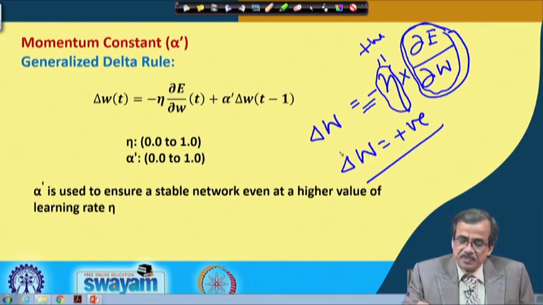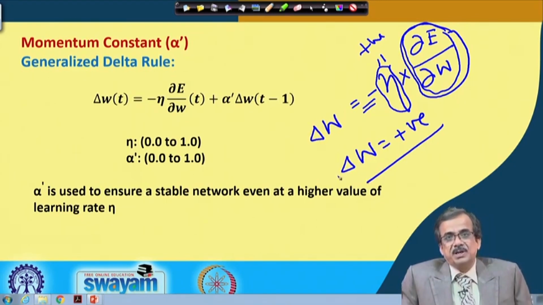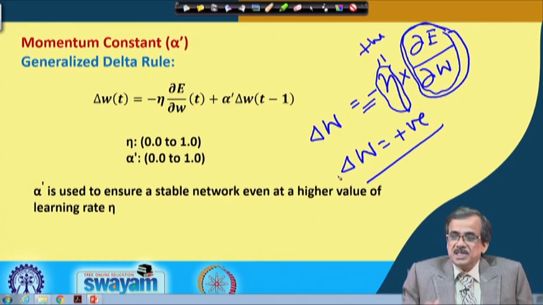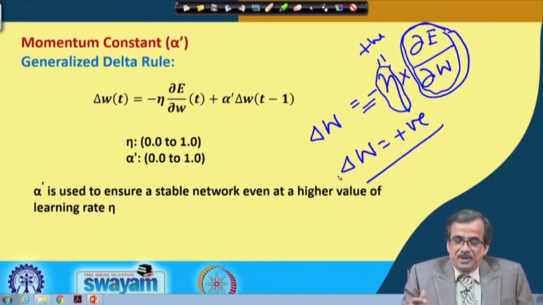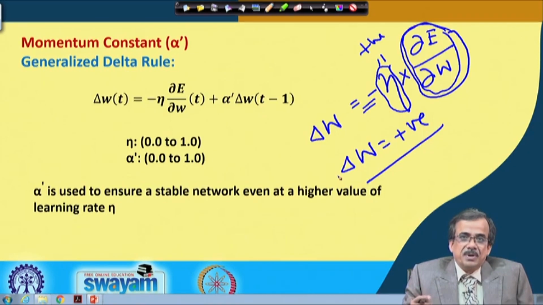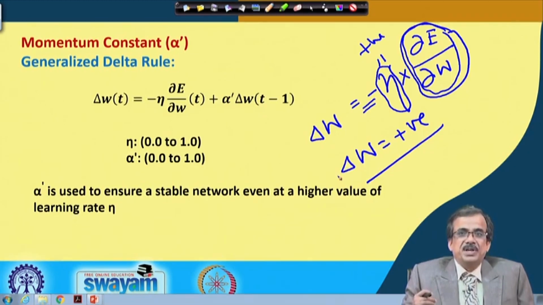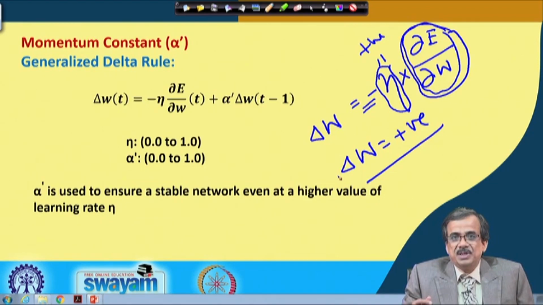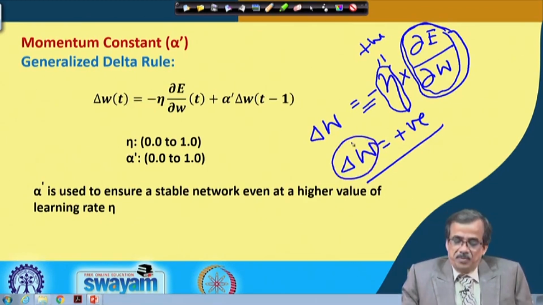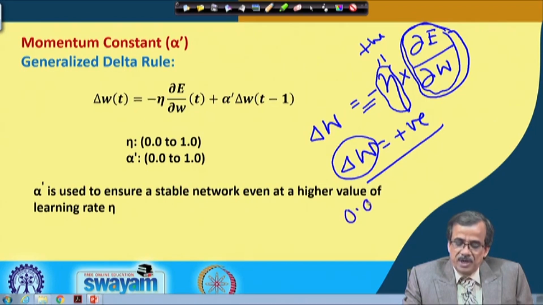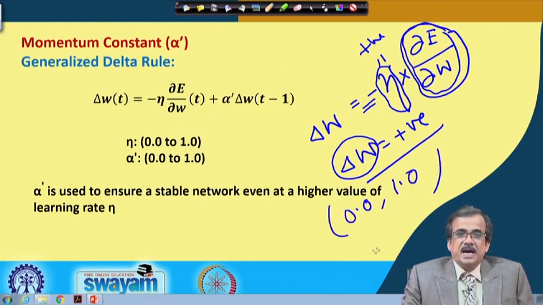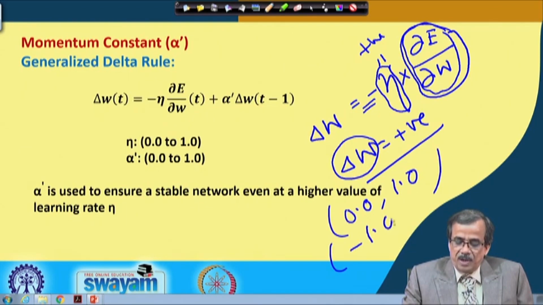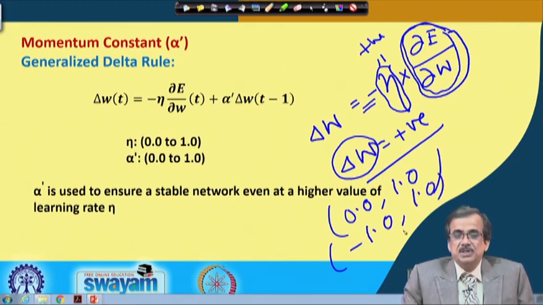That means, while updating this W, if I just go on adding some numerical value, then after running this algorithm for a large number of iterations, there is a possibility that the value of W may come out of the range. For example, the range is 0.0 to 1.0, another range could be minus 1.0 to plus 1.0.